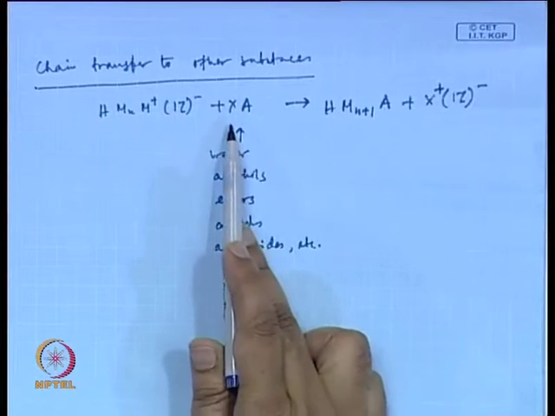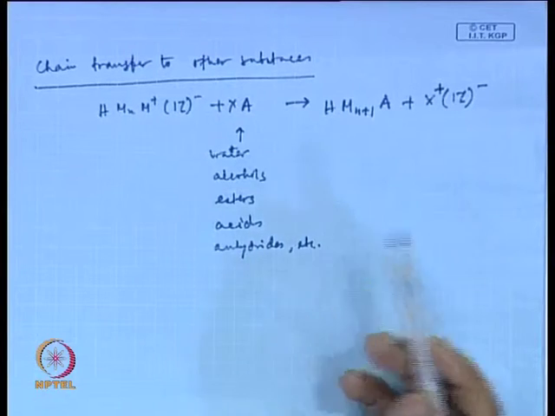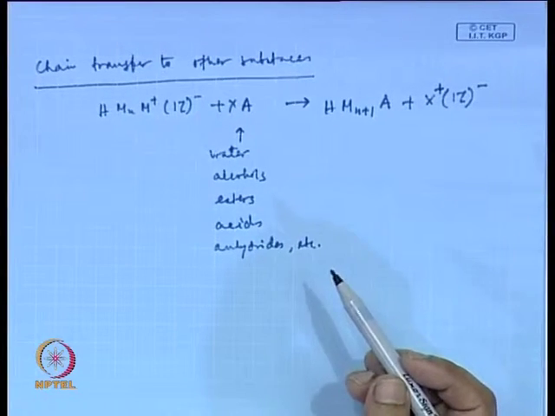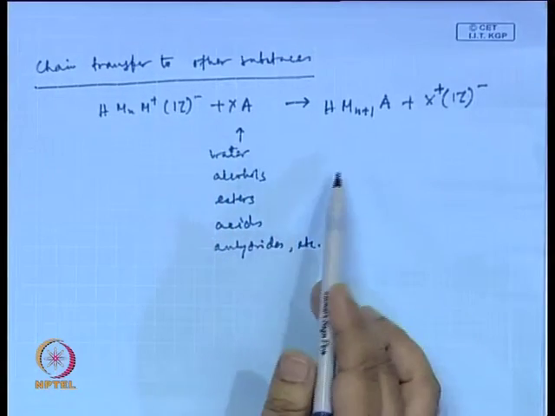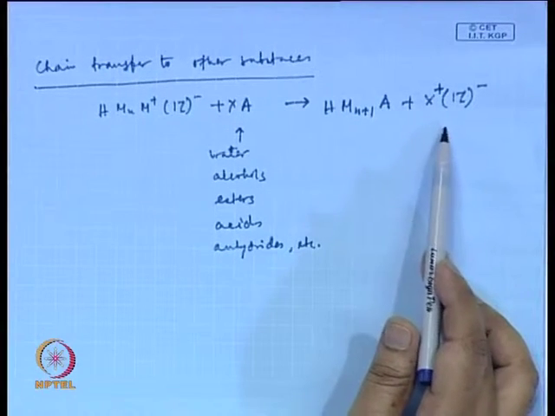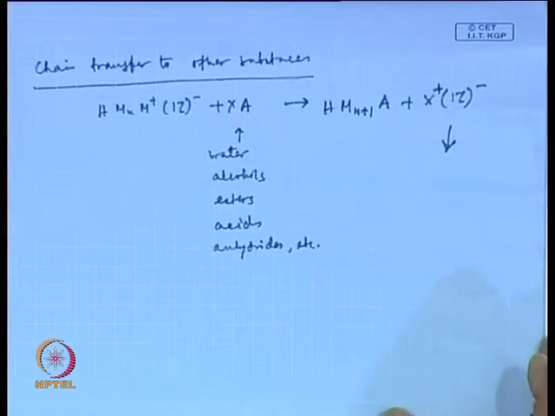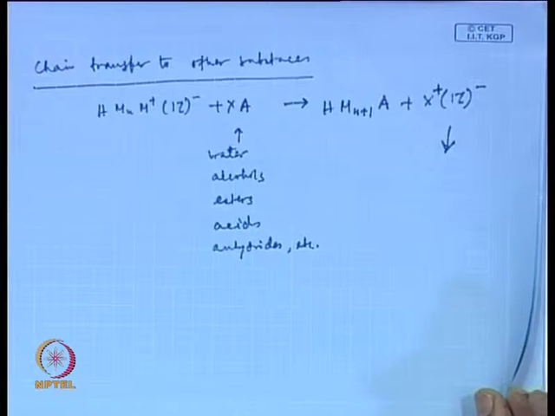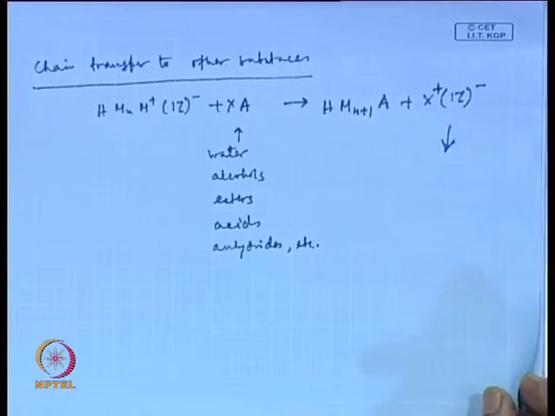For example, this is the generic structure of the chain transfer agent, which could be water, alcohols, esters, acids or anhydrides, etc., and it can participate in the chain transfer reaction and give away a new catalyst co-catalyst complex, which again can reinitiate a cationic chain polymerization. So, again this reduces the molecular weight of the cationic chain polymerization.